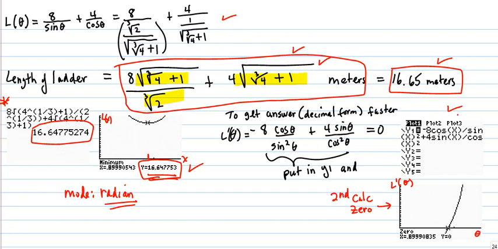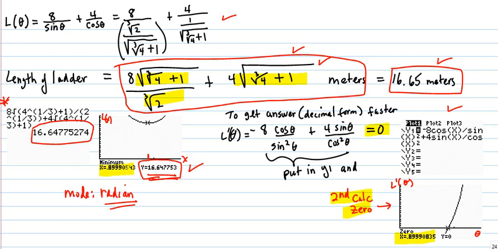Graph the derivative and see where it crosses 0, and do a second calc zero. And you can see that it comes out 0.8999, the same exact x as over here. So it's the same angle answer.